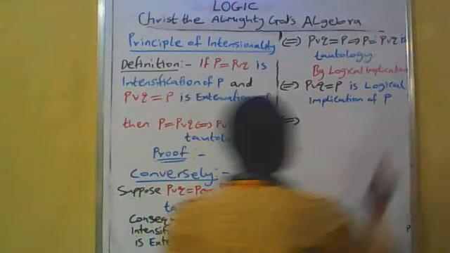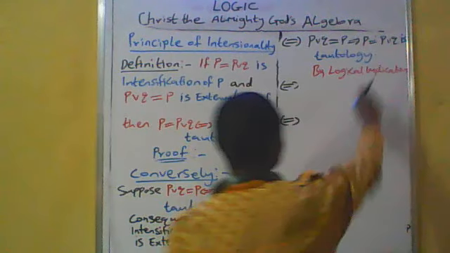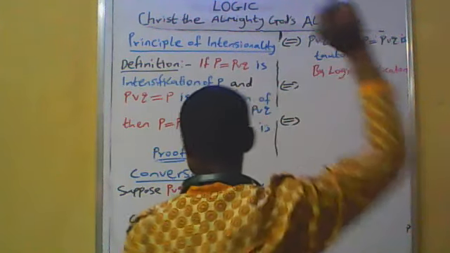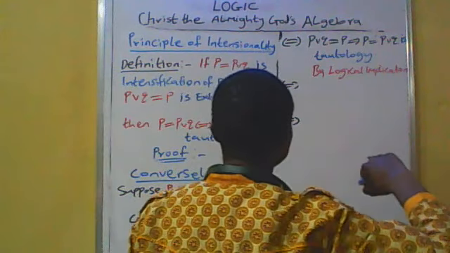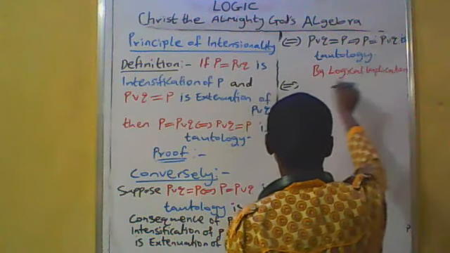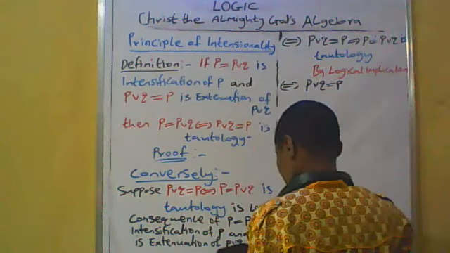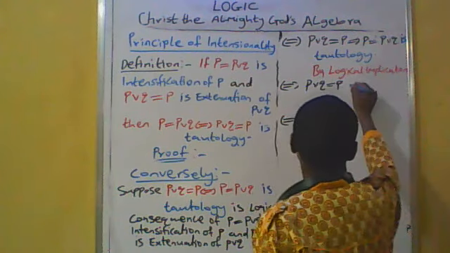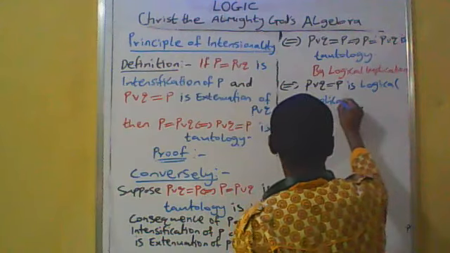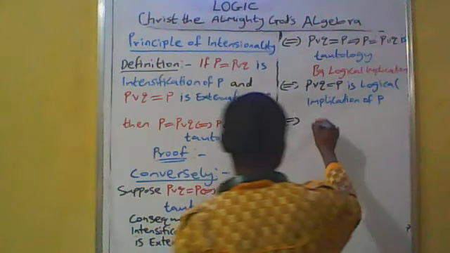We are going to deduce that this is logical implication. Yes, it's logical implication. P or Q equal to P is logical implication of P. Then if this is true, also this must also be true.